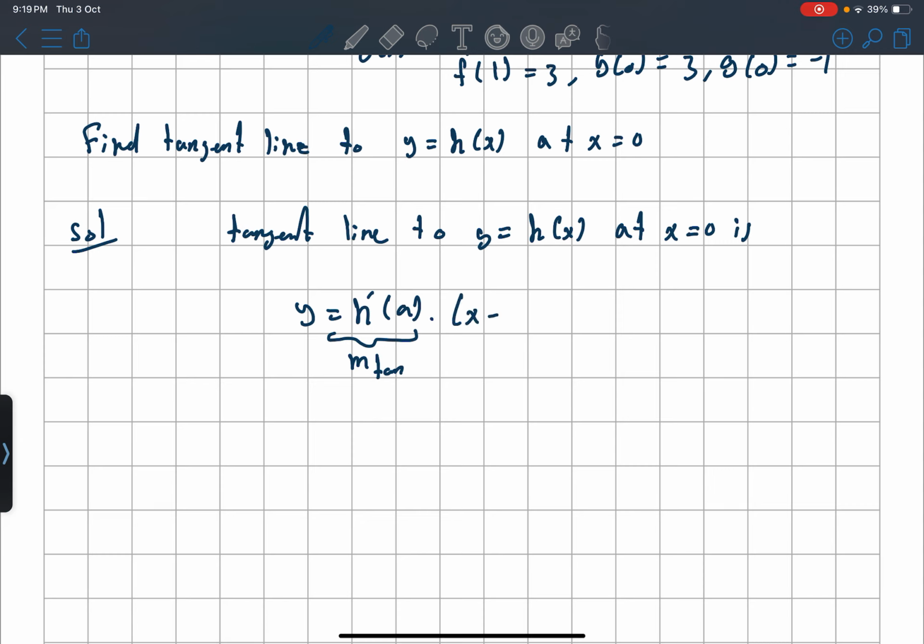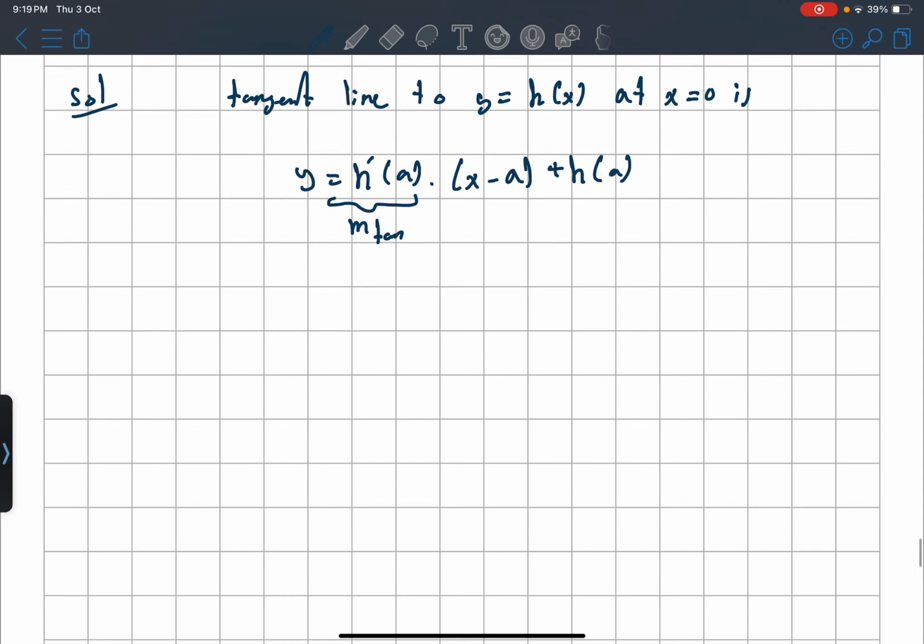Here a equal to 0, so we have here the point 0, and we have to get h(a). How to get h(a)?